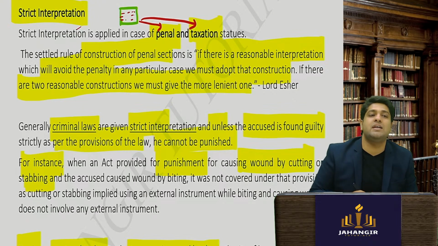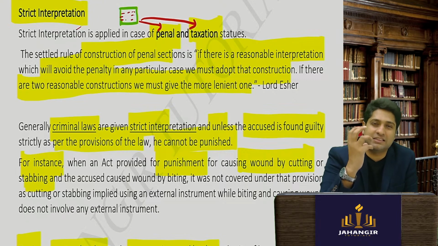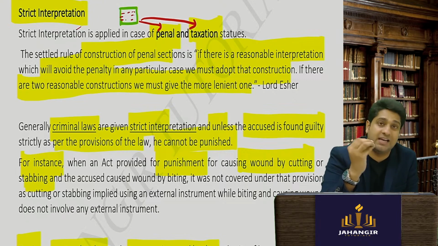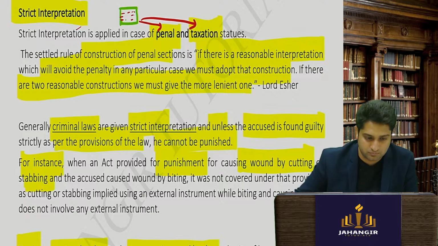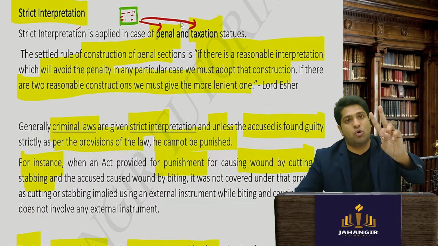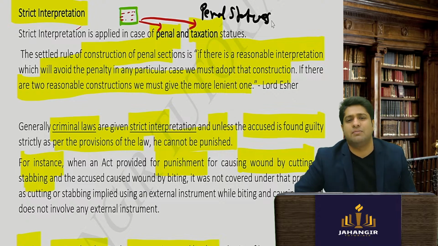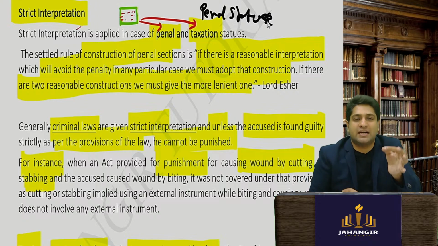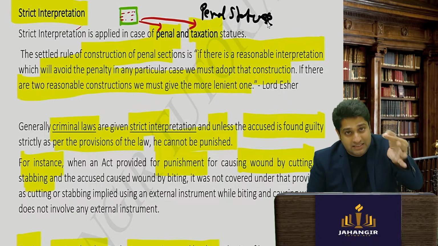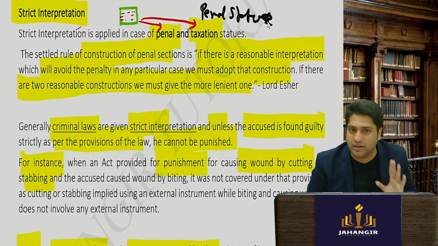So strict interpretation is always for penal statutes or statutes which put a burden, like tax. Strict interpretation is always for two things. One is penal statutes, which put a crime, which put a penalty. So we will see that if you have done the crime exactly as per law, then only you can be punished.